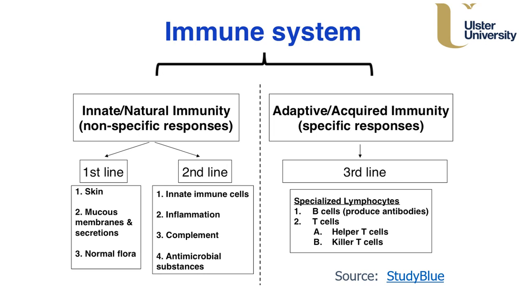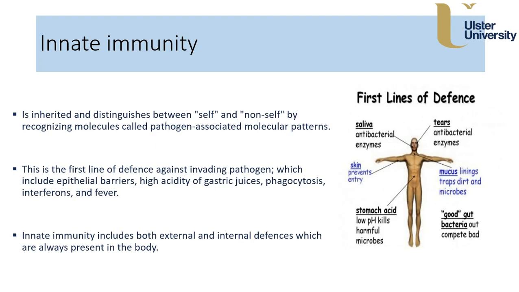So this is an immediate, non-specific defense, whilst the third line of defense is highly specific, and it's known as the adaptive or the acquired response. And this primarily involves lymphocytes, but it also utilizes some of the innate cells as well. The innate system's ability to defend us from pathogens is dictated by genetics.